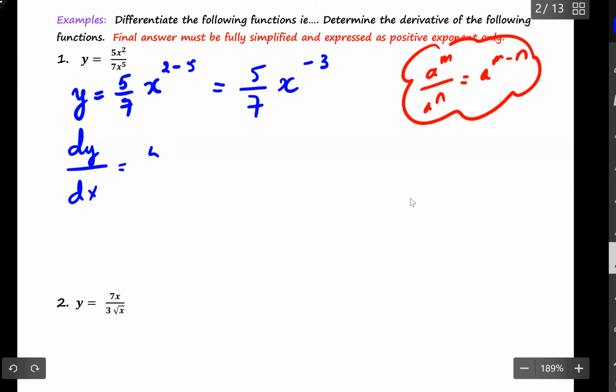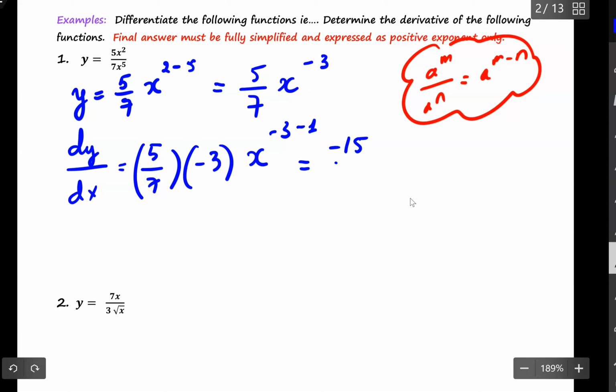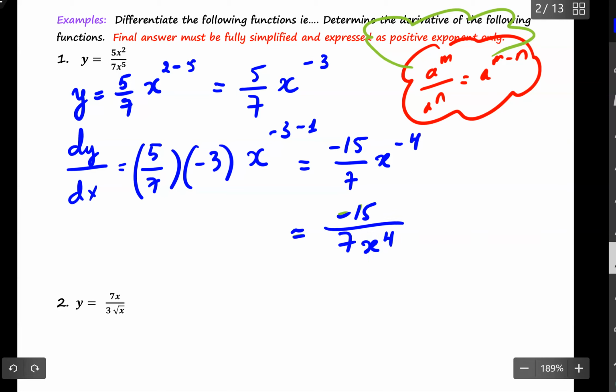So I will take this multiplied by minus 3, and at the same time take 1 away from the exponent. So my answer is negative 15 over 7 x to the exponent negative 4. However, the question asks me to express it with a positive exponent, so I should write this as negative 15 over 7 times x to the exponent 4. Okay, as simple as that.